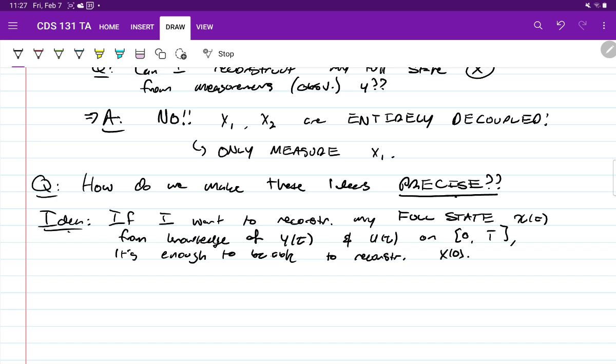If I'm able to reconstruct my initial condition, then I can figure out what my trajectory of the state was for all time, kind of by existence and uniqueness.